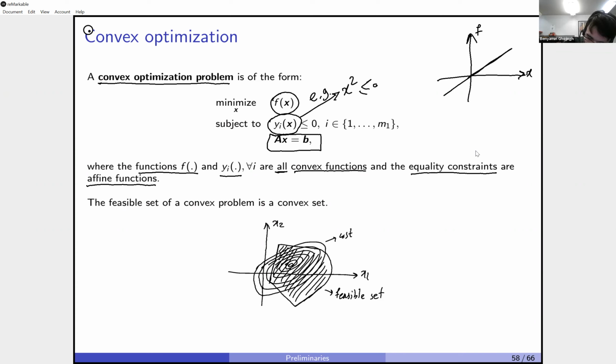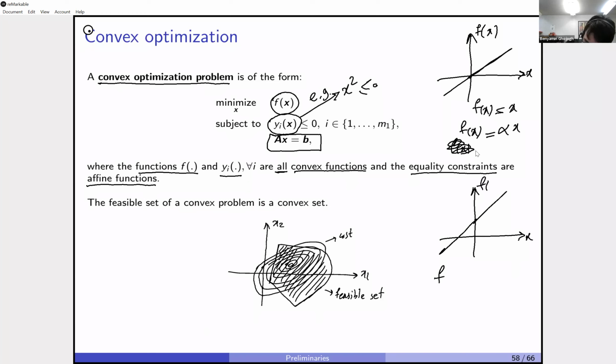For example, f of x equals x is a linear function, or f of x equals alpha x, where alpha is the slope of this line, is a linear function. Also, consider this function where we don't pass through the origin. Here we pass through the origin, but when we don't, we write alpha x plus some constant like beta.